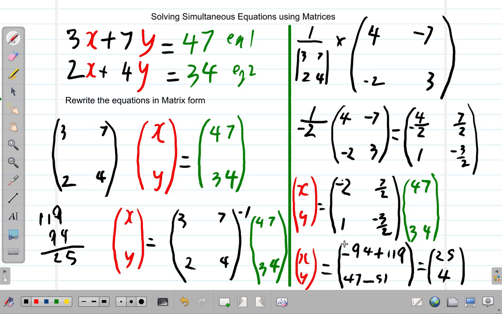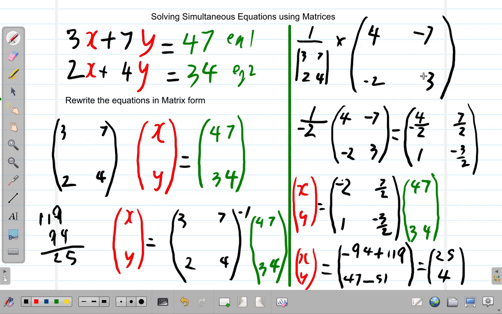Alright, so let's retrace. We have 3724 xy equals 4734. So we say xy is equal to the inverse of 3724 multiplied by 4734. To find the inverse of 3724, we have 1 over the determinant. We say 3 4 is 12 minus 7 2 is 14. 12 minus 14 is negative 2, so it's 1 over negative 2.